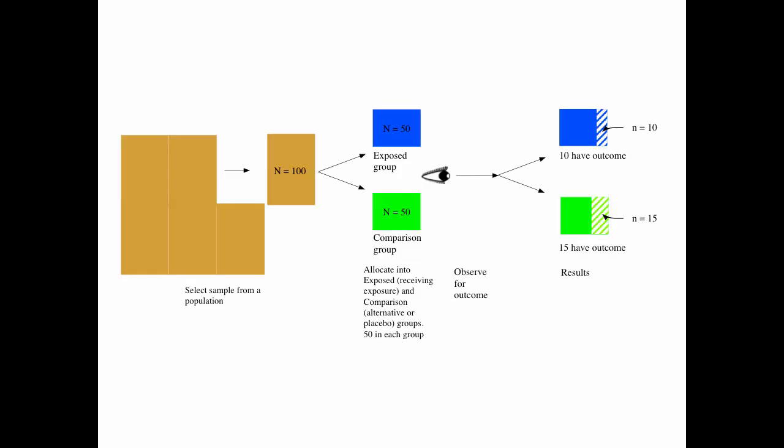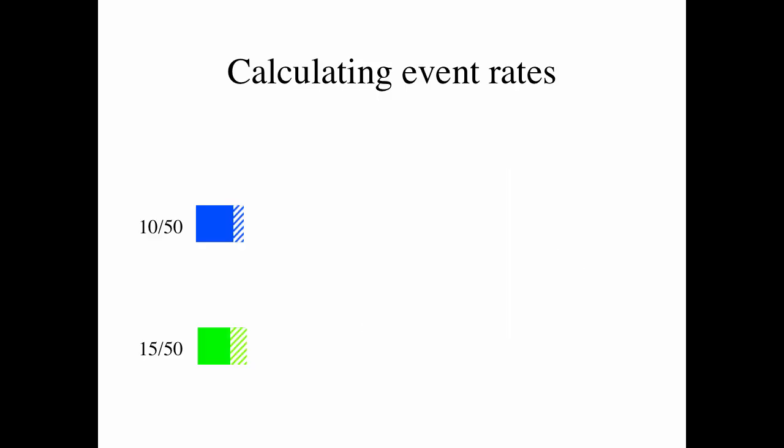We're going to convert those into rates. Here we are summarizing the flow of patients through the study. So we said 10 out of 50 had the event in the group receiving statins and 15 in the other group.